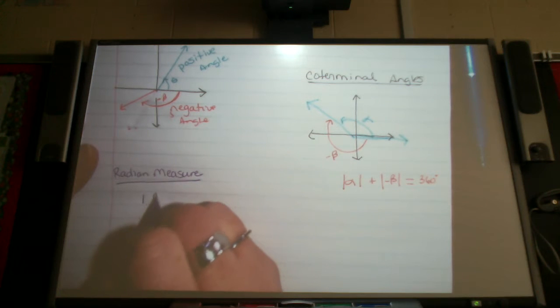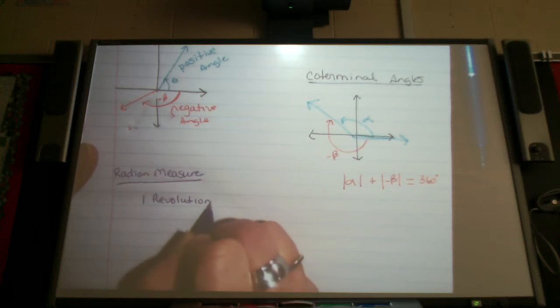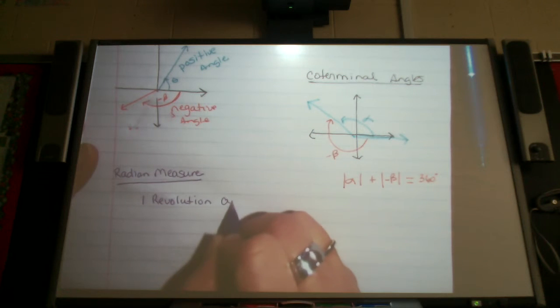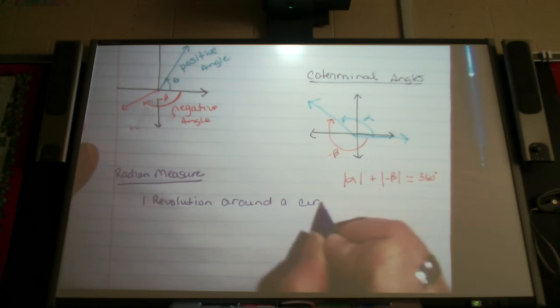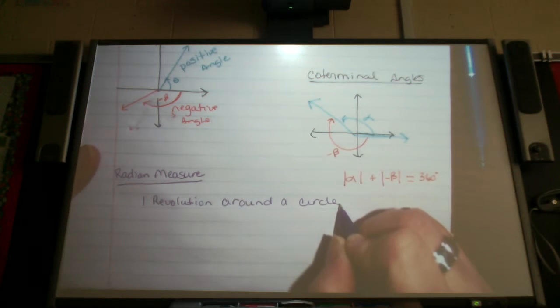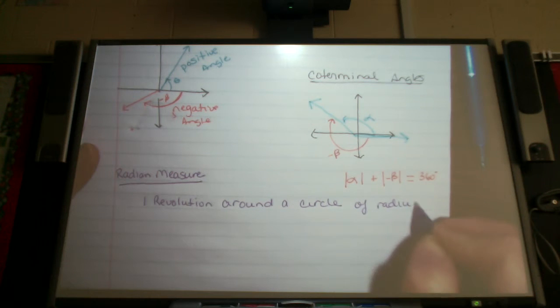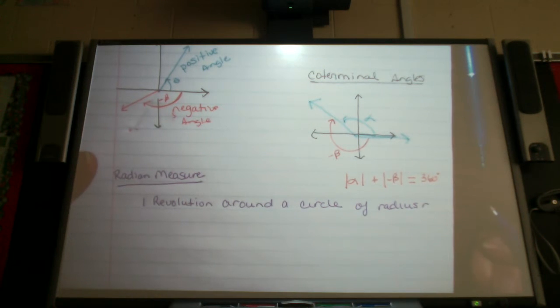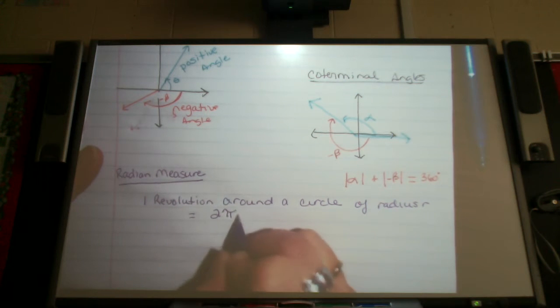One revolution around a circle of radius r equals 2 pi radians.